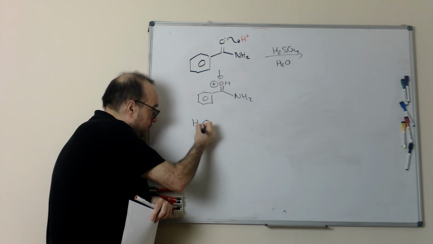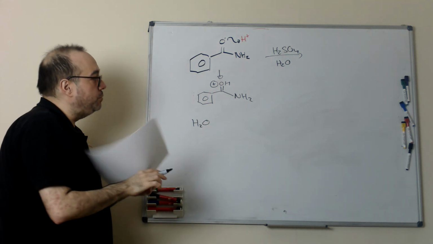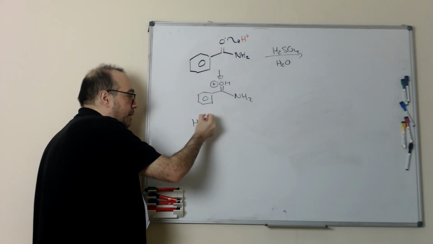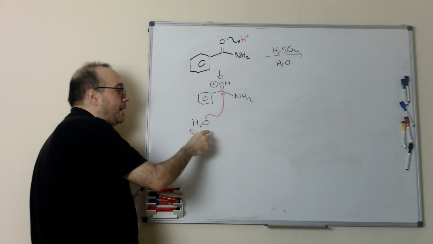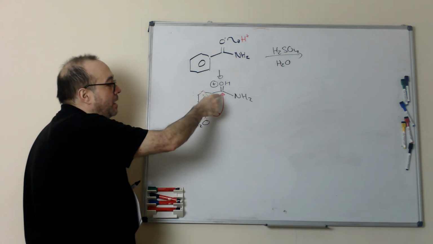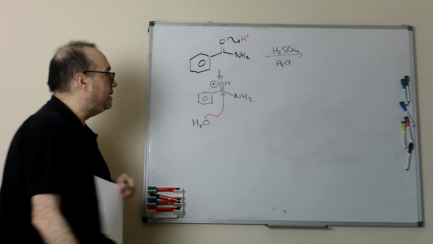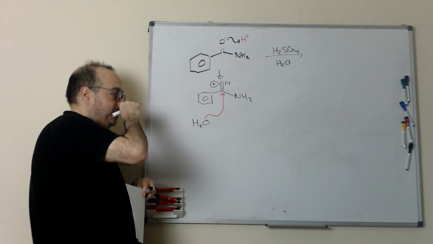Because we want to activate this position. Now, what we have is that the nucleophile, in this case the water, a pair of electrons of the oxygen is attacking here. Why? This is a weak nucleophile, but now we have activated this carbon. This carbon is more electrophilic because we protonate the carbonyl group.